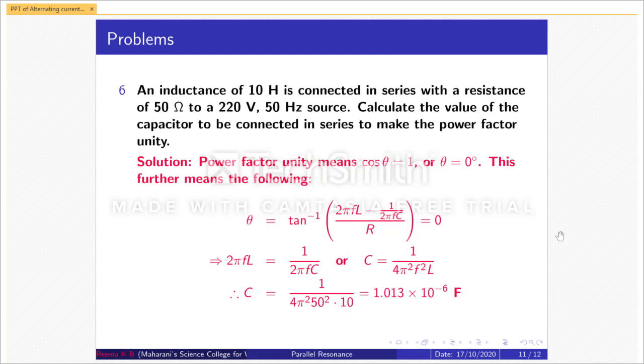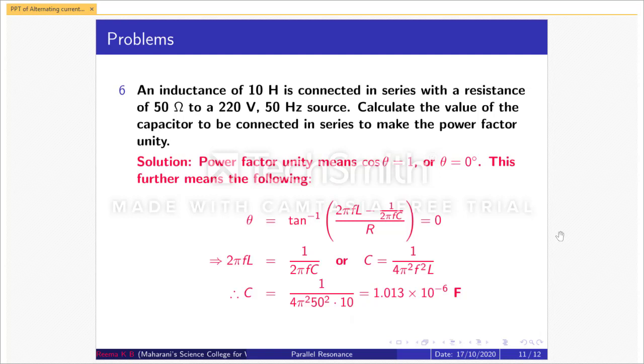Power factor unity means cos theta = 1 or theta = 0 degree. This further means that theta = tan inverse of (2 pi F L minus 1 by 2 pi F C) by R, which is equal to 0, which implies 2 pi F L = 1 by 2 pi F C, or C = 1 by 4 pi square F square L.